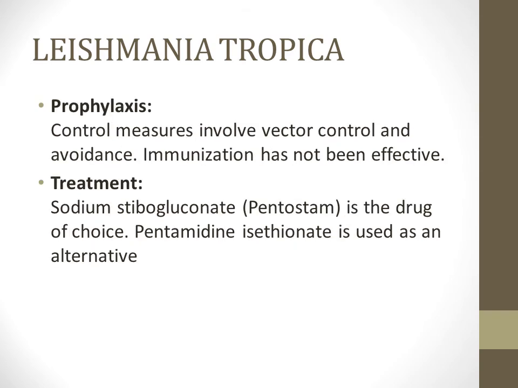Now the prophylaxis and treatment: the control measures involve vector control and avoidance, and immunization has not been effective. The treatment is the same as for Leishmania donovani: sodium stibogluconate, Pentostam, is the drug of choice, and pentamidine isethionate is used as an alternative drug.